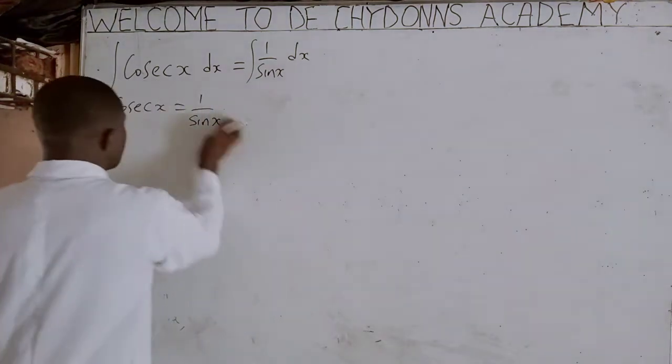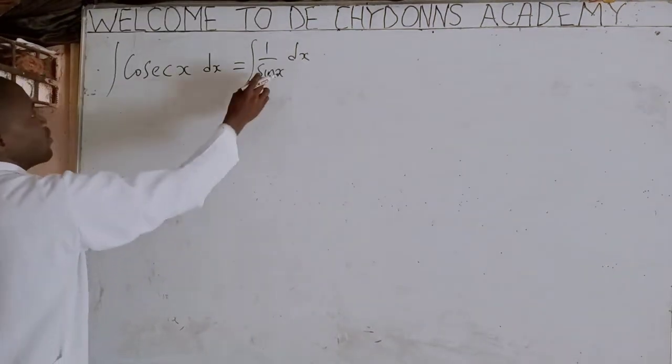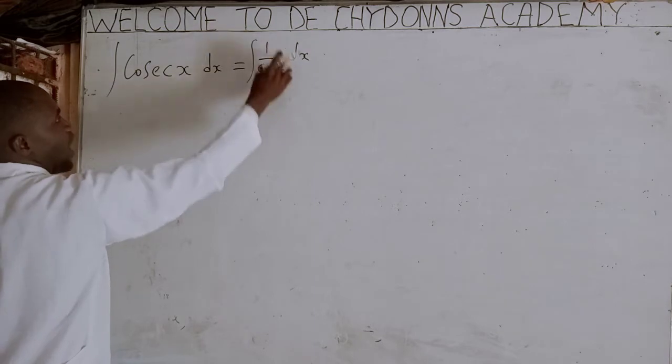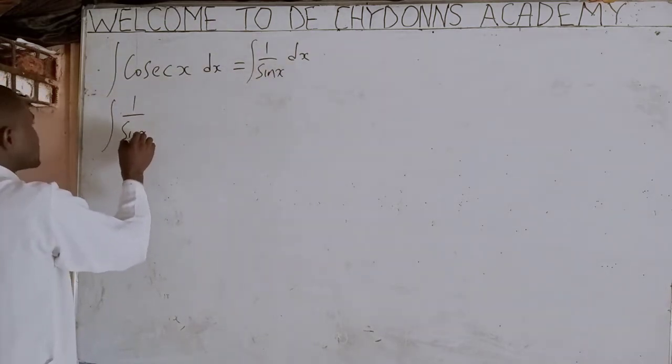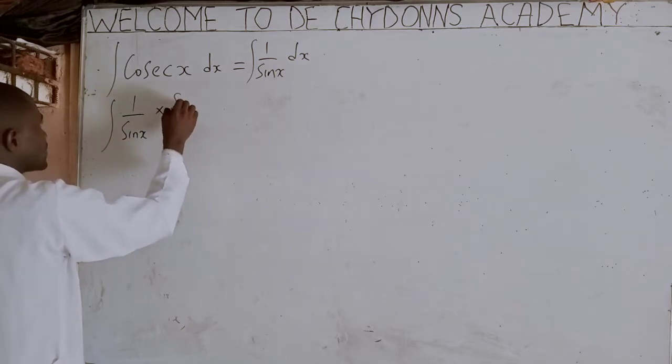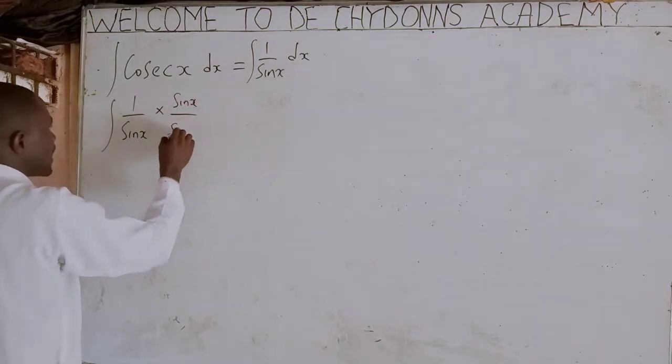Now we use sin x to multiply up and down. That means 1 over sin x times sin x all over sin x.